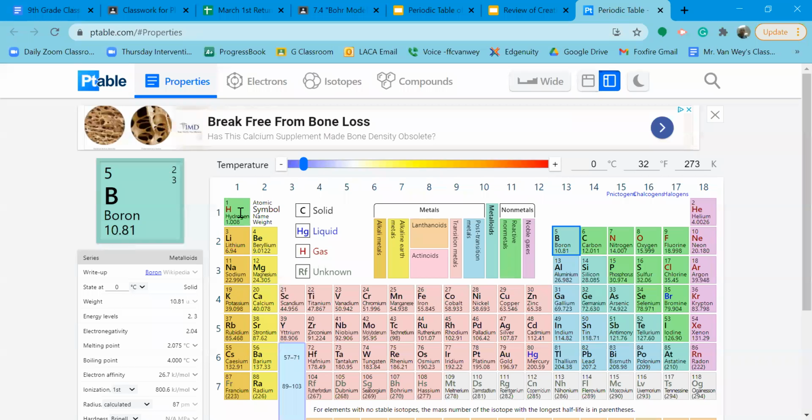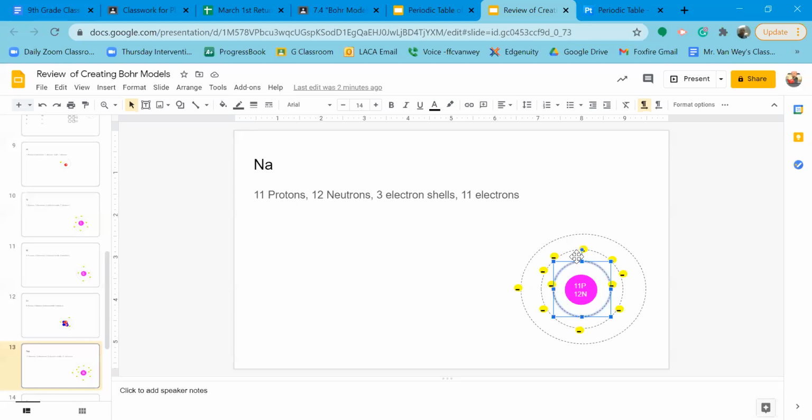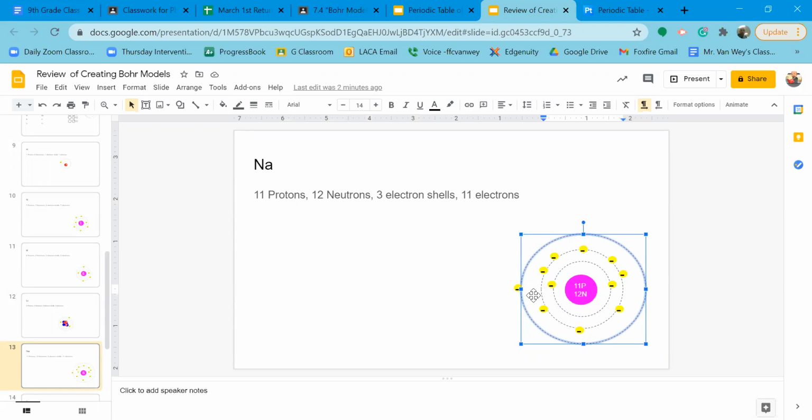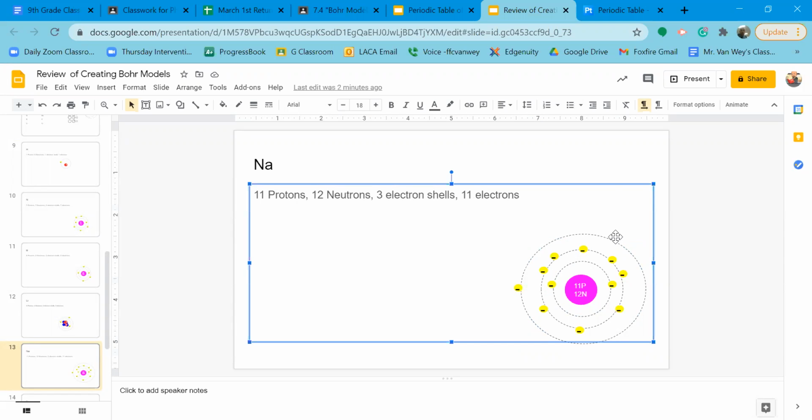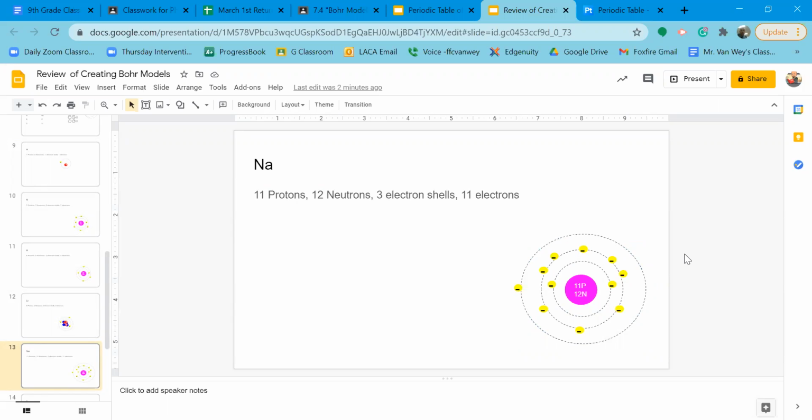Sodium's on the third row, so it's going to have 3 shells. Sorry, it won't let me click the middle. 1, 2, 3 shells. And then it's going to have 11 total electrons. So shell 1 holds 1, 2. Shell 2 is going to hold 8: 1, 2, 3, 4, 5, 6, 7, 8.